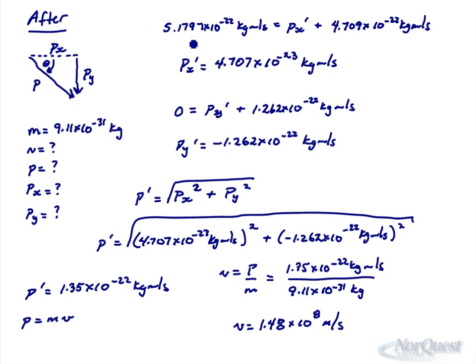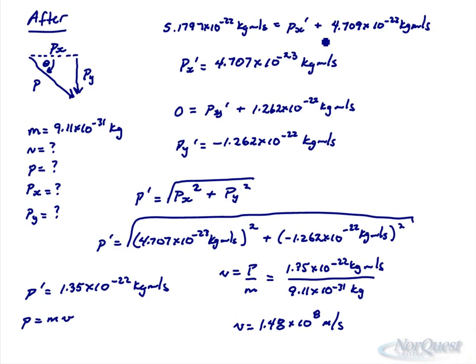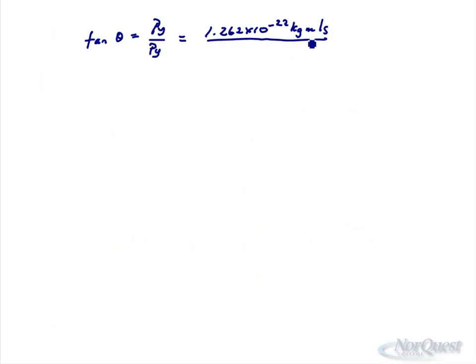So the y component was 1.262 times negative 10 to the negative 22 kilogram meters per second. The x component, 4.707 times 10 to the negative 23 kilogram meters per second.